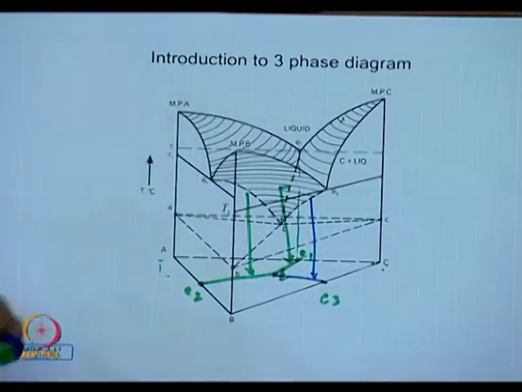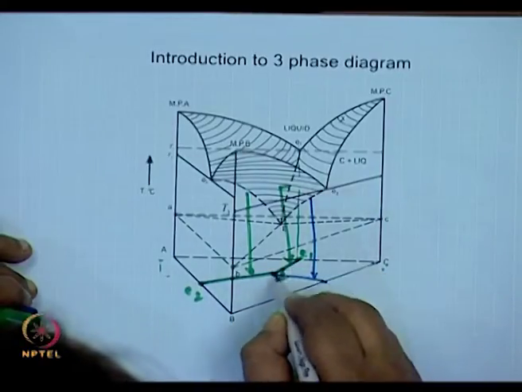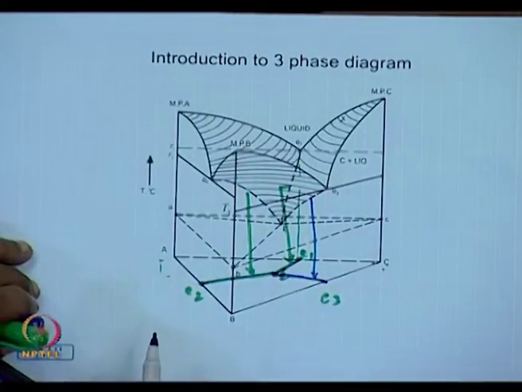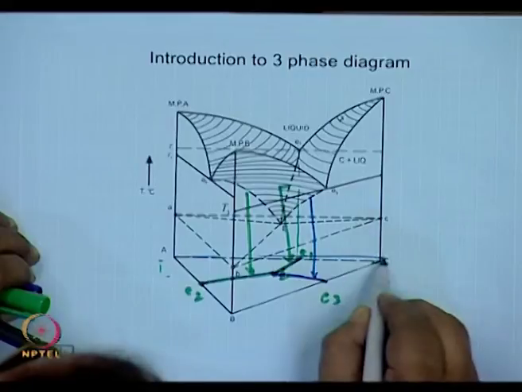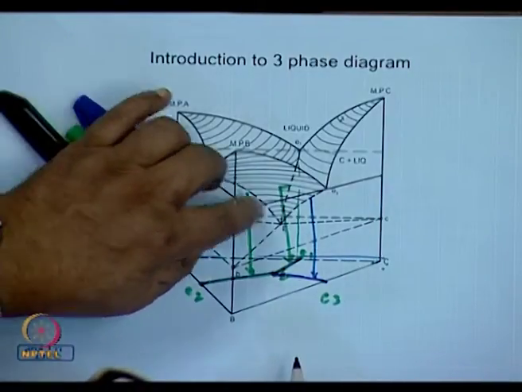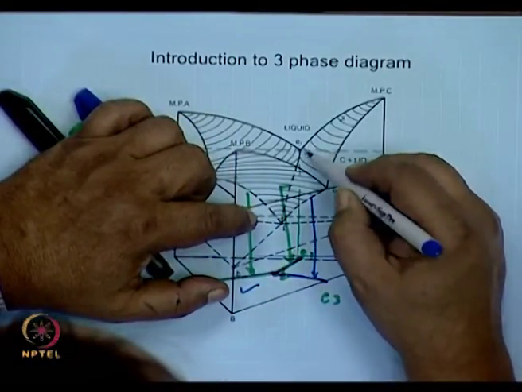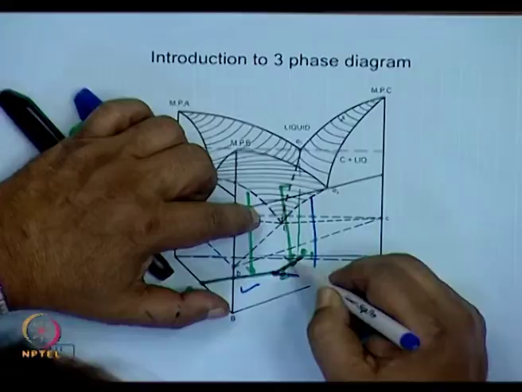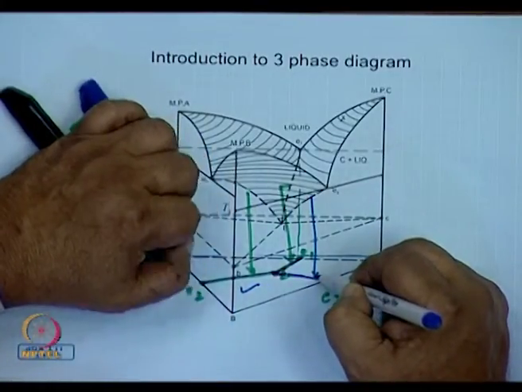So essentially, by drawing this on this two-dimensional scale, what we are saying is these lines on the two-dimensional ABC are the projections of E2E, which is this, E1E, which is this, and E3E, which is fundamentally this.